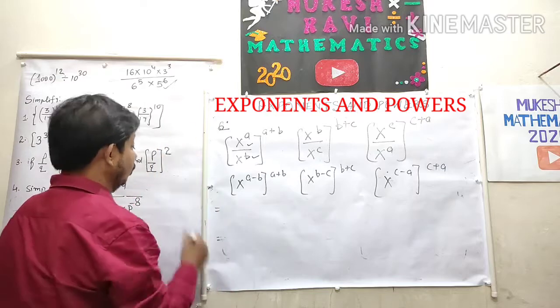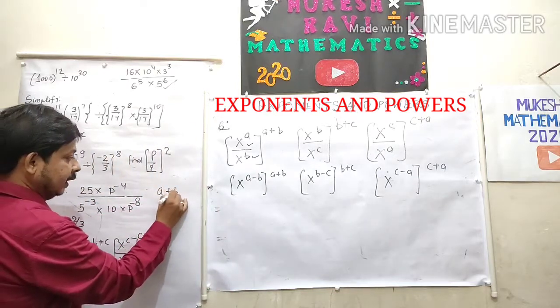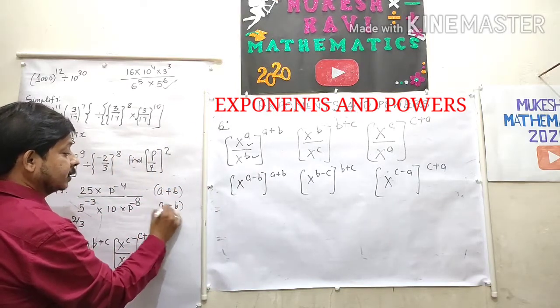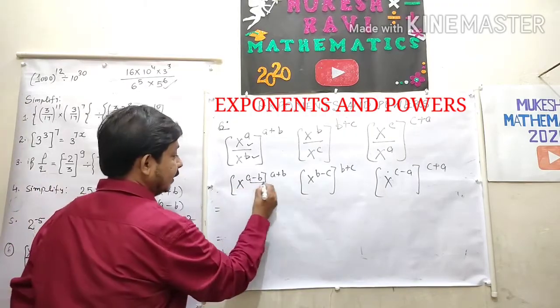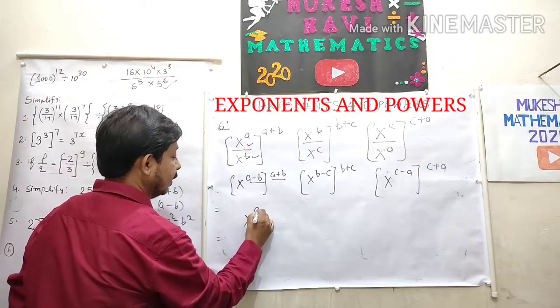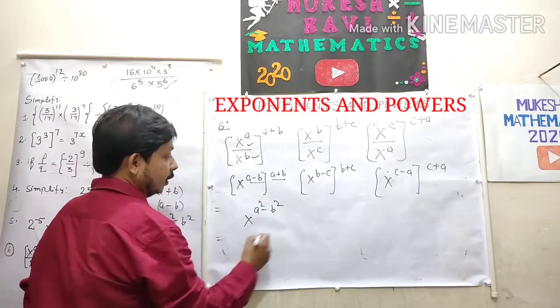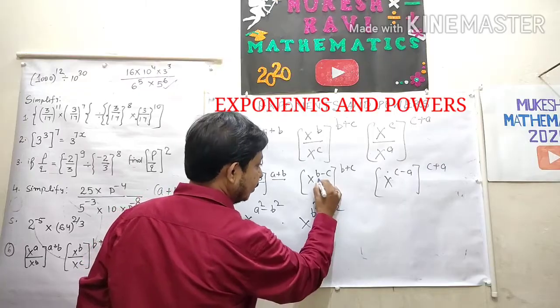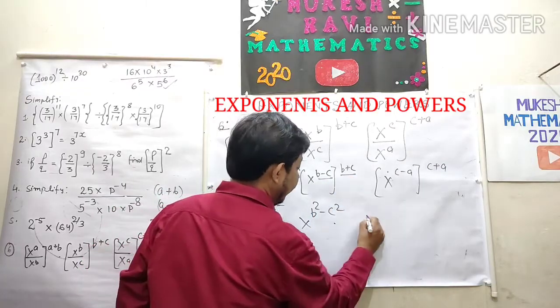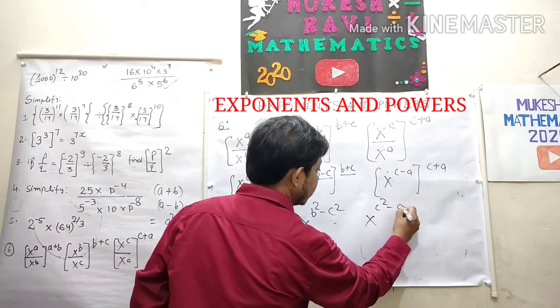Now the small note, algebra part: a minus b times a plus b gives a square minus b square. So this is x to the power a square minus b square, dot x to the power b square minus c square, b plus c, b minus c, dot x to the power c square minus a square.